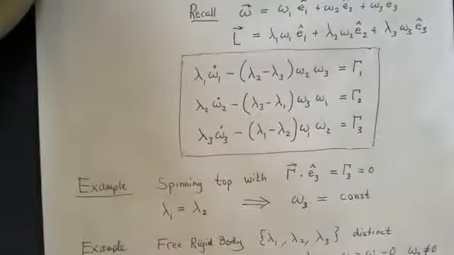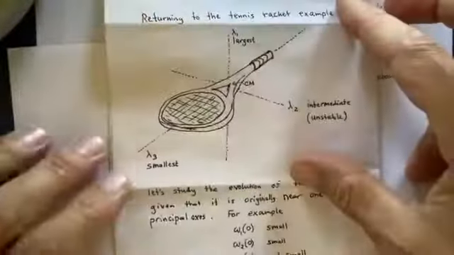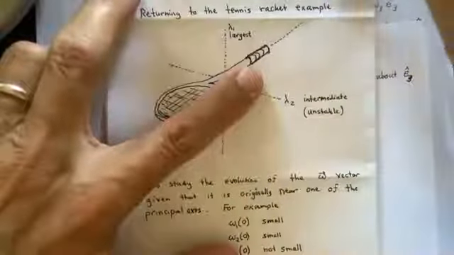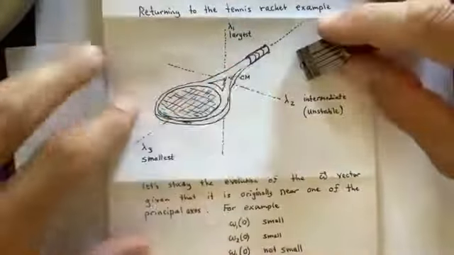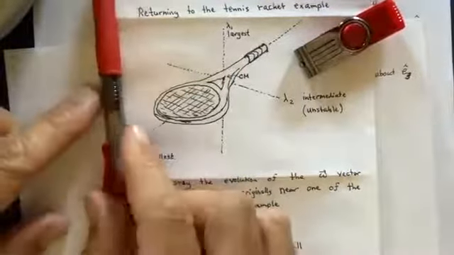Okay, so what we're going to do now is return to this discussion of the intermediate axis theorem. Okay, here we go again with the intermediate axis theorem. Let's save ourselves some time by using appropriate paper weights to hold it in place because the paper wants to bend.